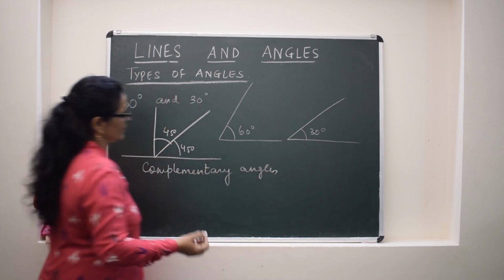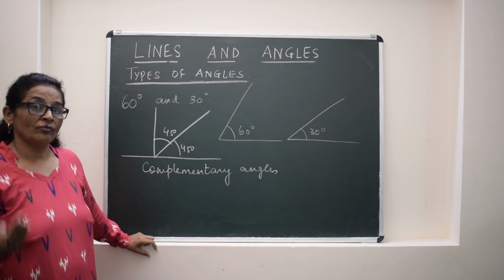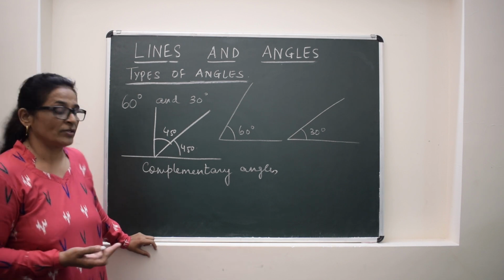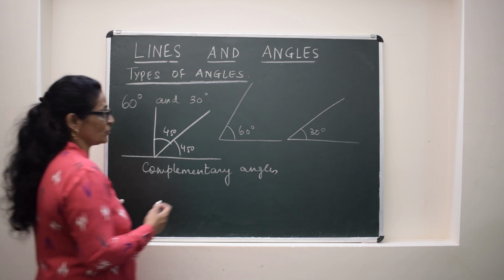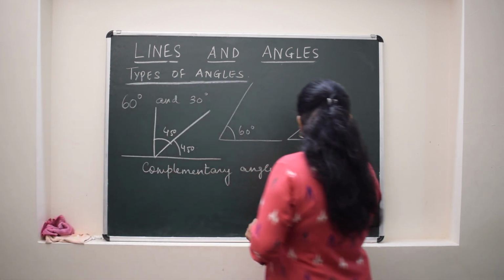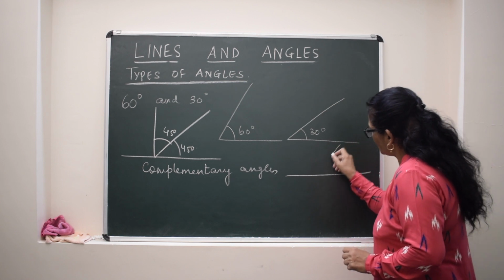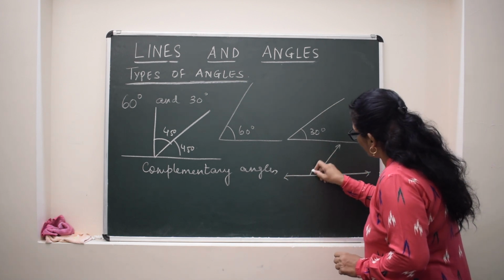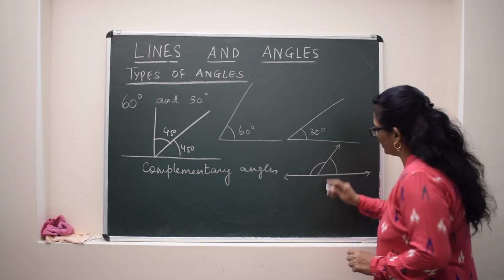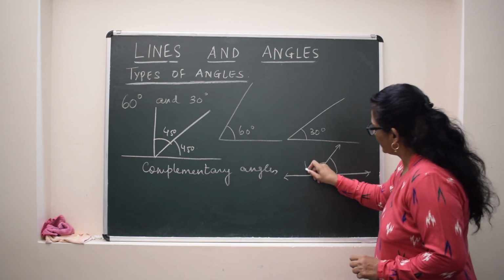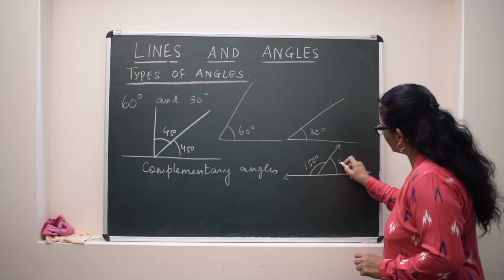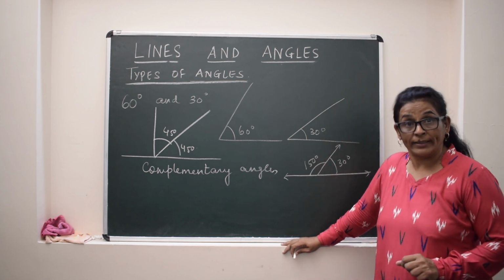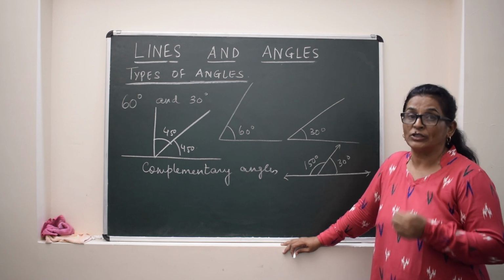Next type we will see: if the sum of two angles is 180 degrees, they are called supplementary angles. So supplementary angles also, if any two angles are falling in such a way that this angle and this one, for example, this is 150 degrees and this is 30 degrees, both are forming a sum of 180 degrees, means they are supplementary to each other.